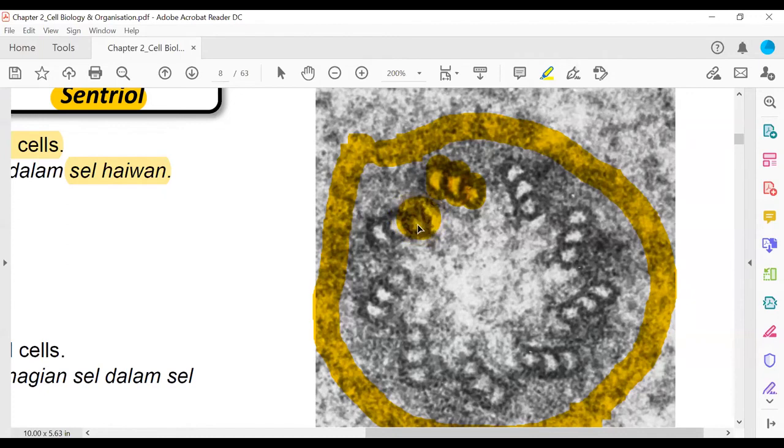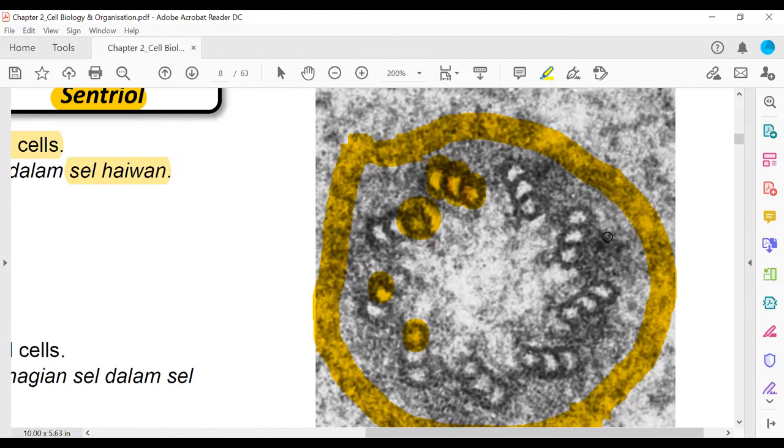Dan setiap satu bulatan ini ialah microtubule for your information. So as you can see, there are 3 microtubules in one arrangement. So we have 9. So 9 times 3, 27 altogether. 27 microtubules that form this centriole, and they are very long.